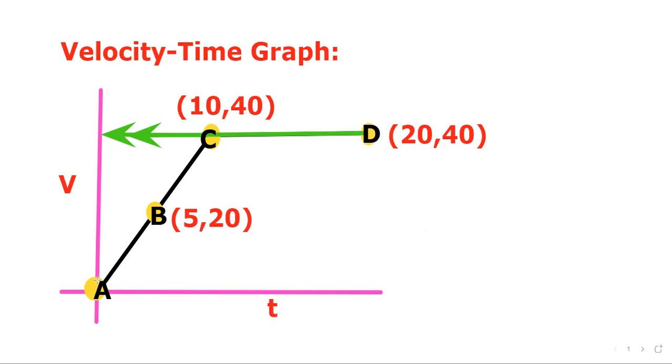Our conclusion is that the object is accelerating from A to B, and the object is accelerating from B to C. Overall, from A to C, the object is accelerating.